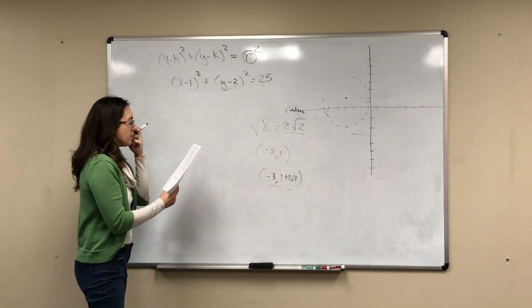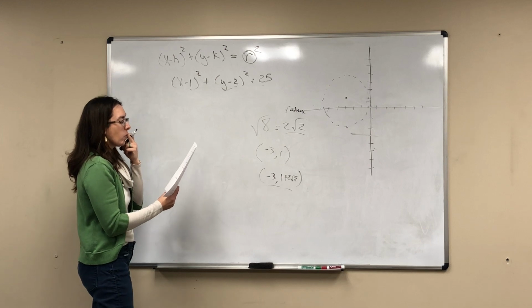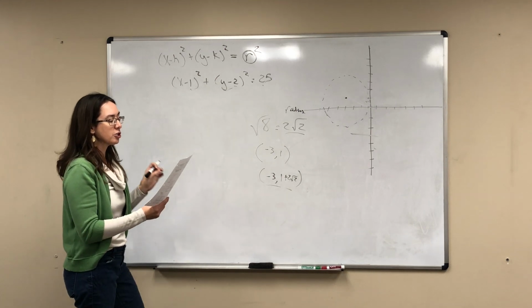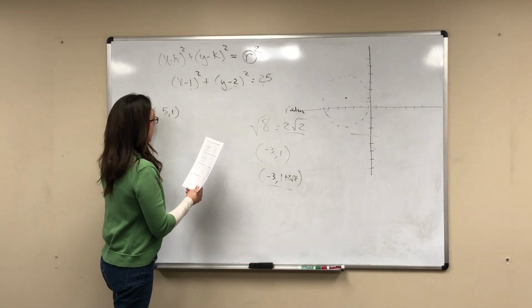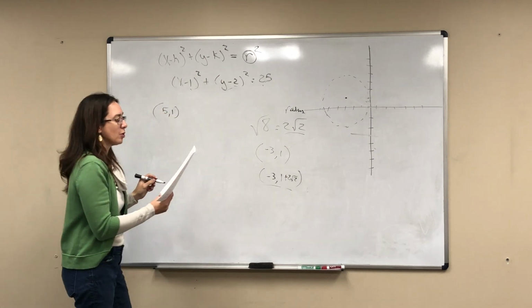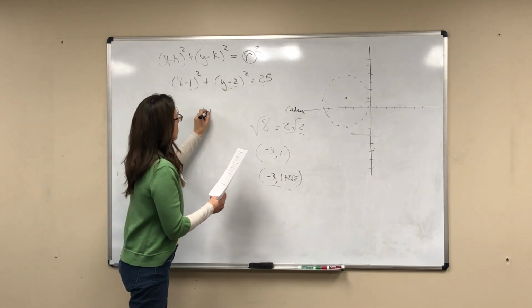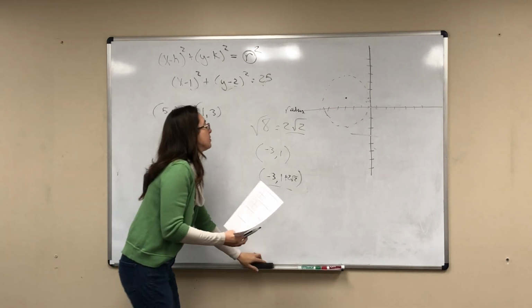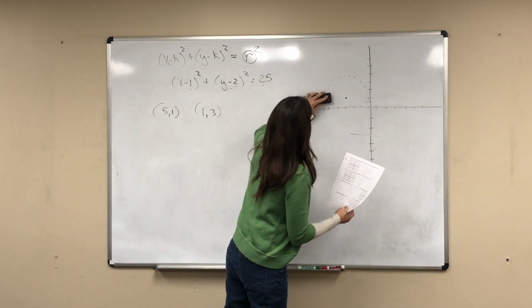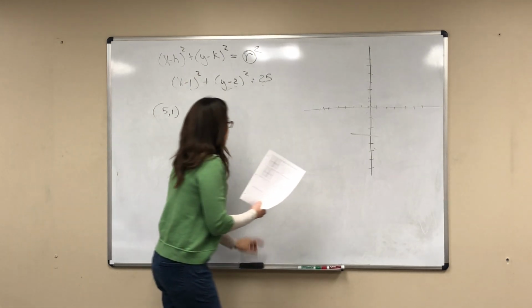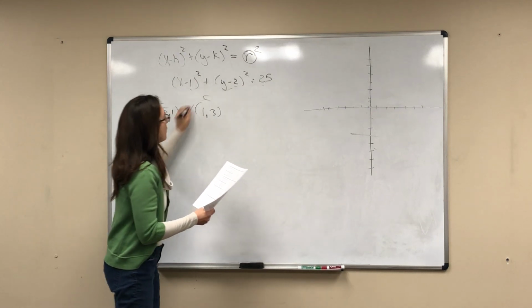Okay, number 6. They say 5, 1 is on a circle centered at the point 1, 3. So we're going to take our initial equation. Which one is our center?